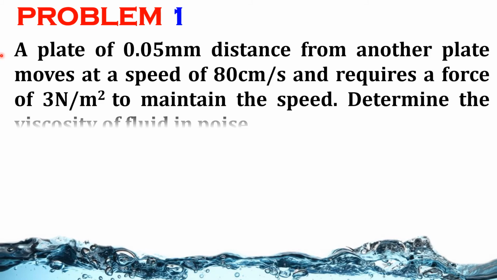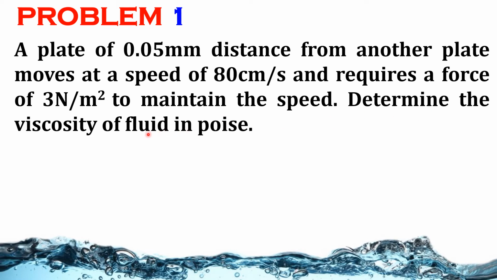First problem. A plate at 0.05 mm distance from another plate moves at a speed of 80 centimeter per second and requires a force of 3 Newton per meter square to maintain the speed.